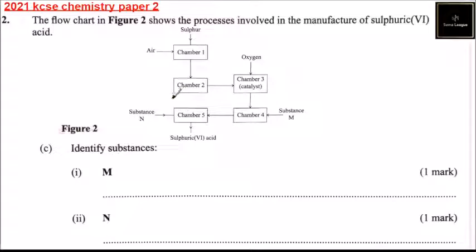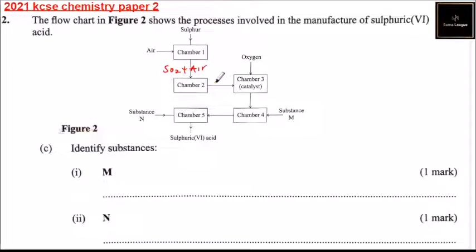So we need to study the flow chart so that we are able to identify these substances, M and N. So we look at chamber 1. We have sulfur and air put in, and they are burnt. When they are burnt, we have sulfur 4 oxide formed and excess air. So we have sulfur 4 oxide plus air. In chamber 2, we have what we call purification and drying. So sulfur 4 oxide is dried.